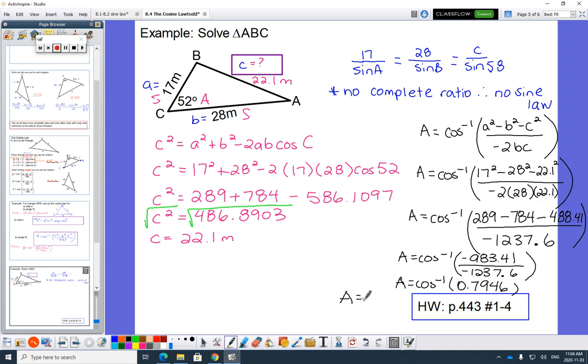And remember, just like whether it's SOHCAHTOA, the cosine law, or sine law, whenever you're finding an angle, you're always going to have to do the inverse to find what the actual angle value is. So let's write that in.